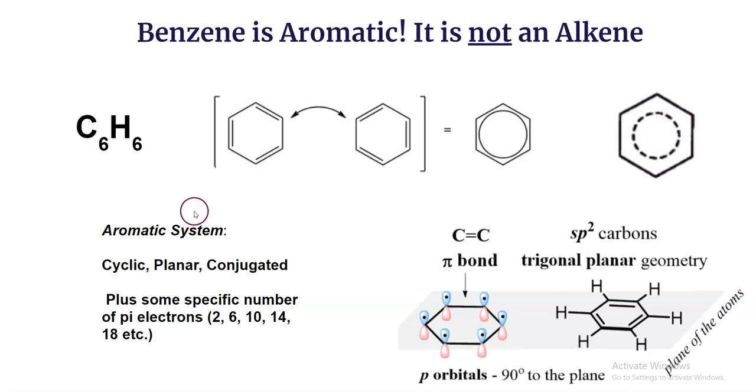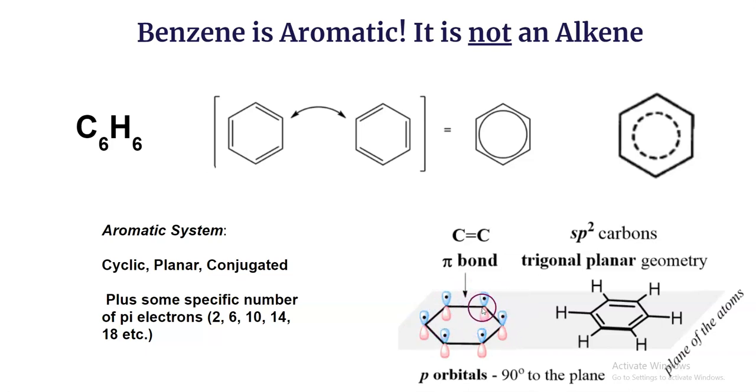So benzene, C6H6, is a ring system, conjugated, meaning the electrons are free to move through the ring. And it's also planar. If you see the structure here, though we draw it vertically like this, not a lot can be inferred from this vertical structure, but if you look from a side-angle view, the benzene molecule is actually flat.